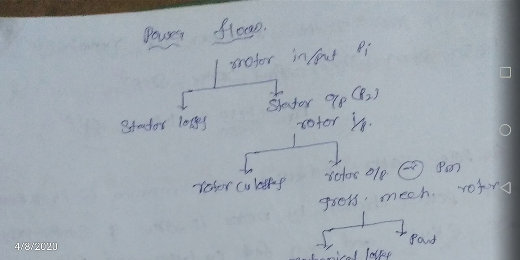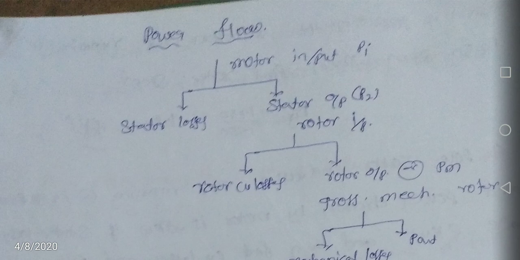Again, iron losses are of two types: hysteresis losses and eddy current losses. Hysteresis loss occurs in the machine because of magnetic reversal, and eddy current loss is because the iron core, that is the stator core, is cut by the fluxes.